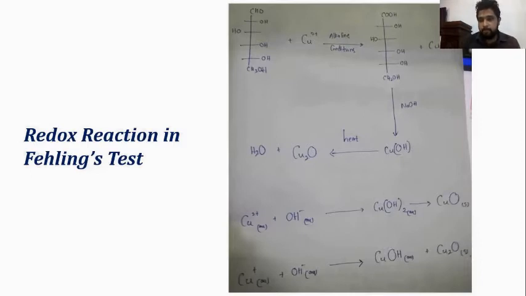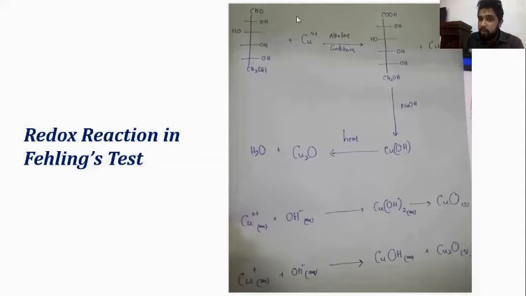To keep the solution in alkaline medium, yes, that's one objective. Fehling's B contains sodium hydroxide to provide the basic medium. And why specifically do we require potassium sodium tartrate? Tartrate is not a basic thing. Tartrate is there to form that bis tartrate cuprate 2 complex.